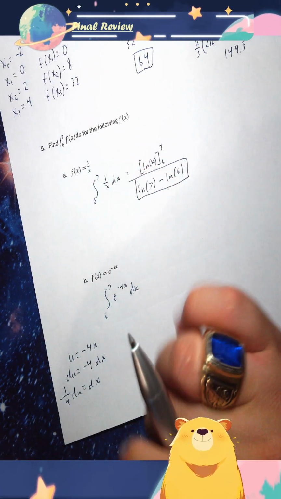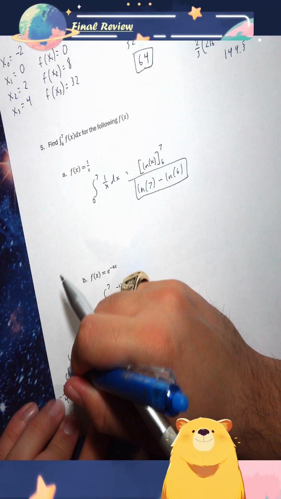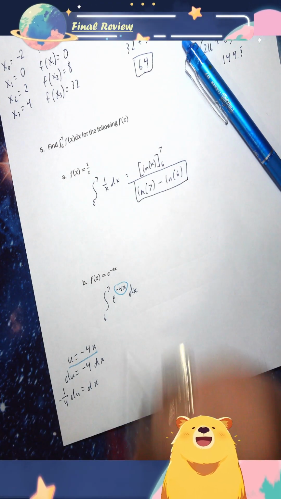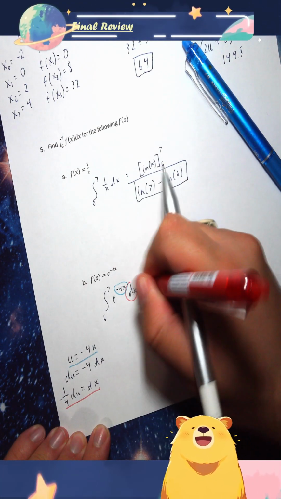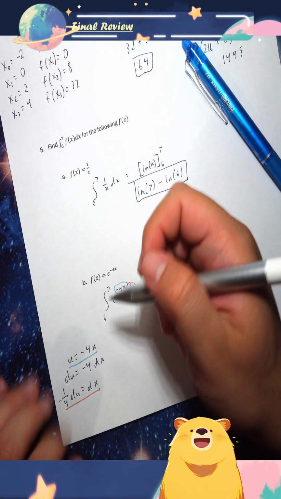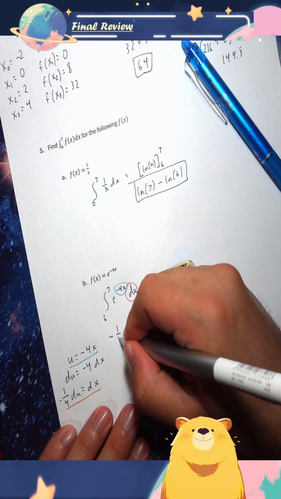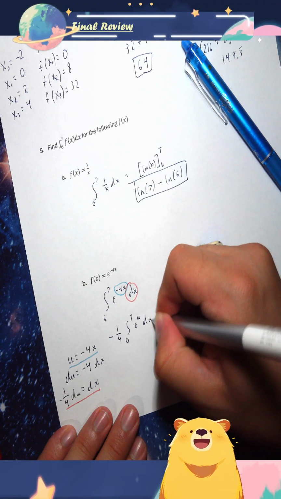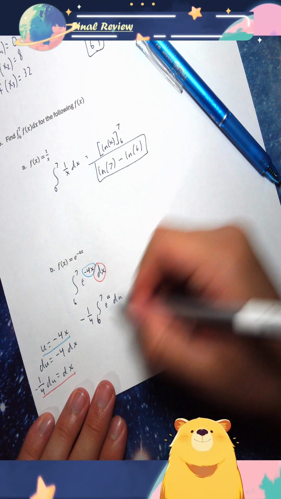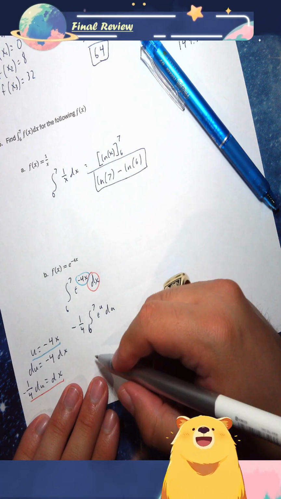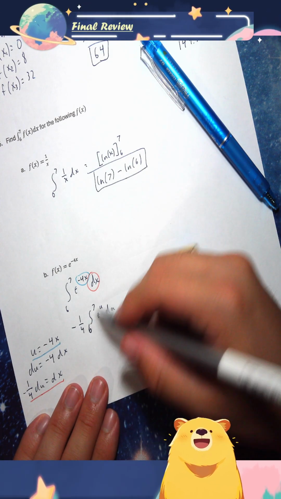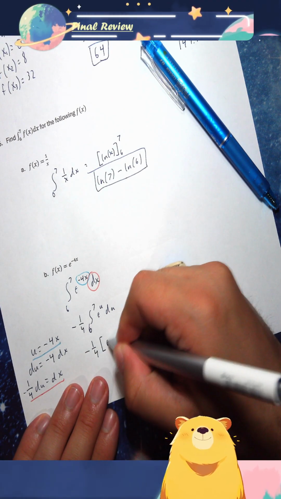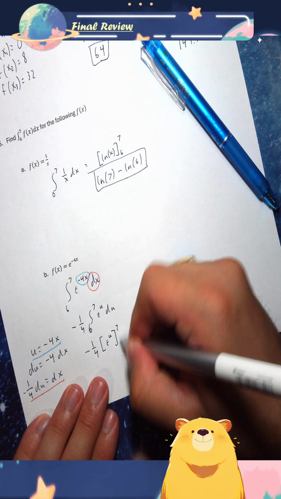So we replace this guy with u, and then only this guy with -1 over 4 du. -1 over 4 e to the u du. Then we get, write this down, -1 over 4 e^u from 6 to 7.